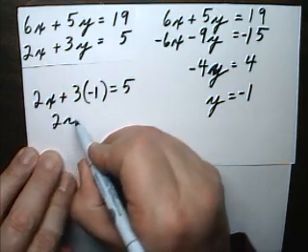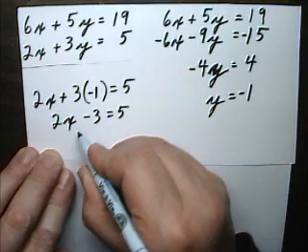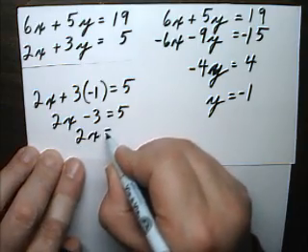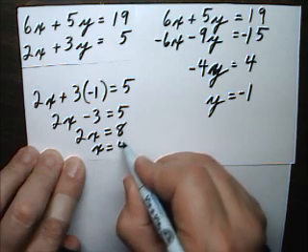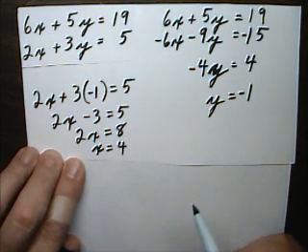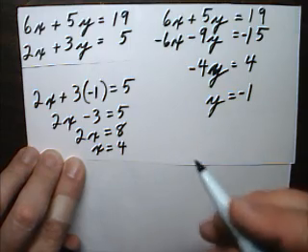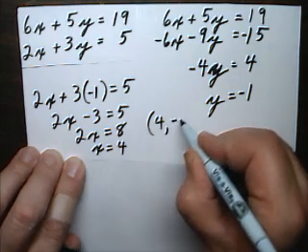This is 2x minus 3 equals 5. 2x equals 8. X equals 4. So I figured out the solution is x equals 4 and y equals -1. So that solution is 4, -1.